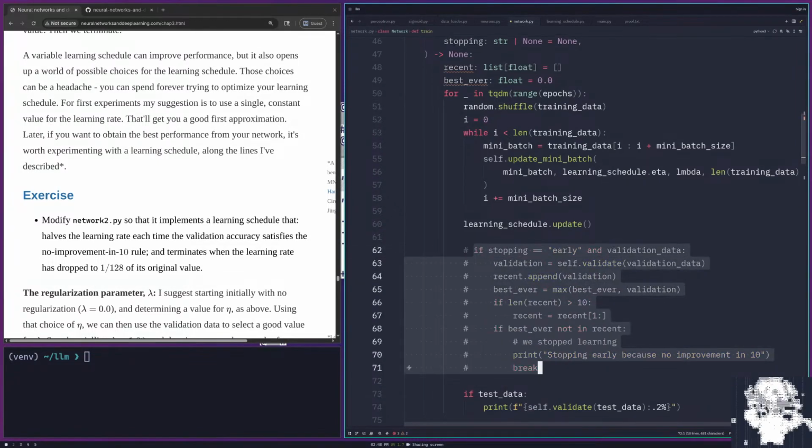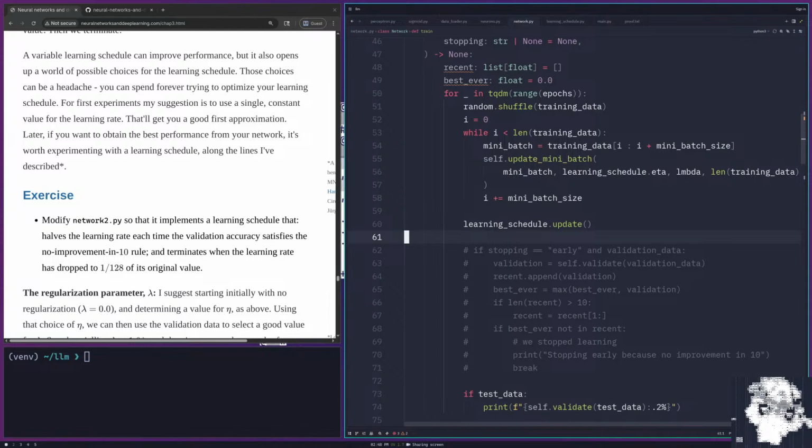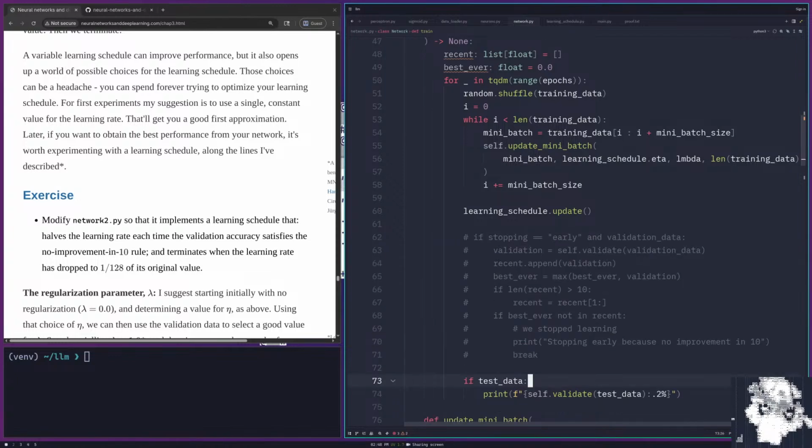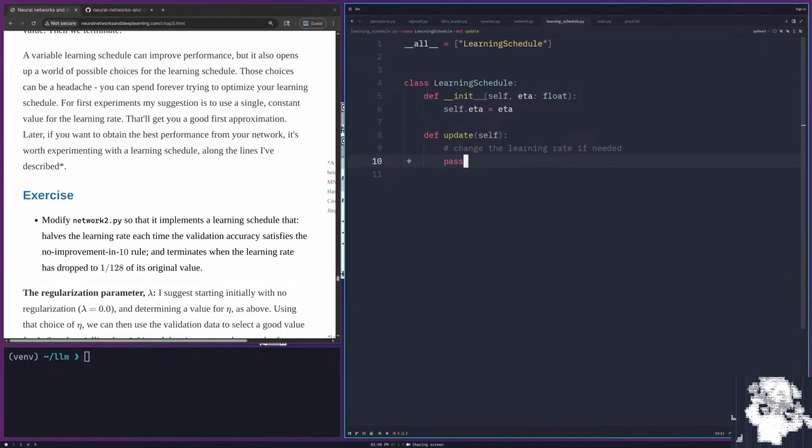Anyway, early stopping has not actually been very helpful, so I'm going to comment it out. This stuff that it's doing, though, is now going to be repurposed inside the learning schedule.